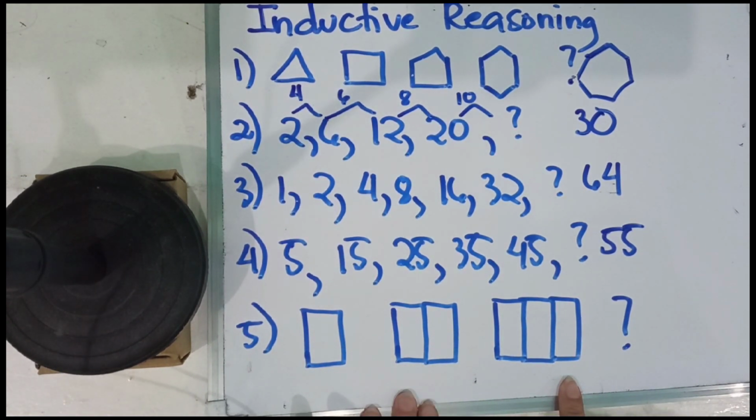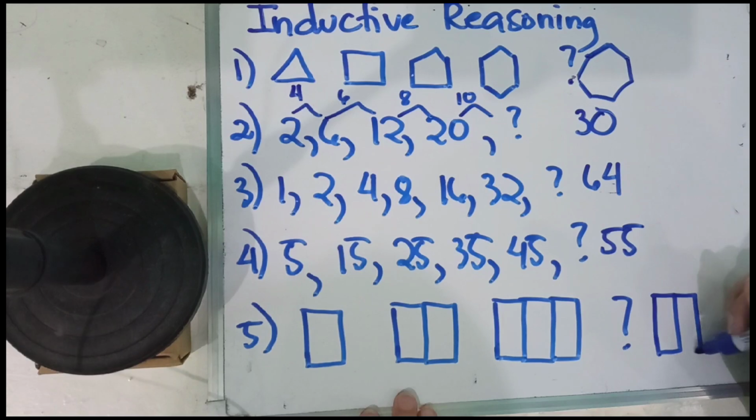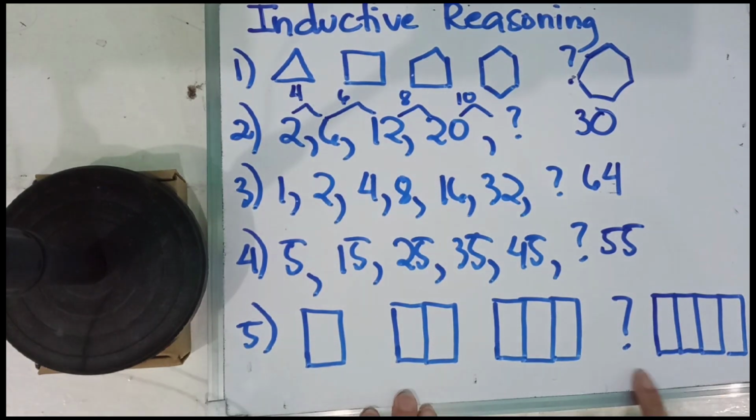So obviously, if you take a look at the examples, you will be able to make a generalization that the missing figure should have how many rectangles? It should have 4 rectangles, or it should look like this. Okay?